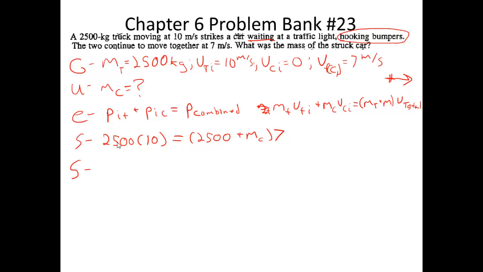So solving this, we get 25,000 here is equal to 7 times 2,500, which is 17,500, plus 7 times the mass of the car. Solving that out, we get 7,500 here is equal to 7 times the mass of the car, divided by 7.